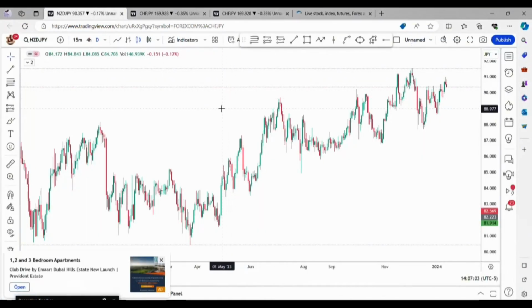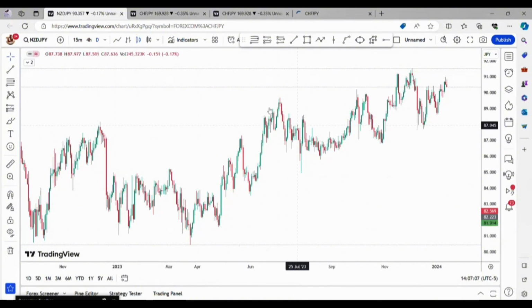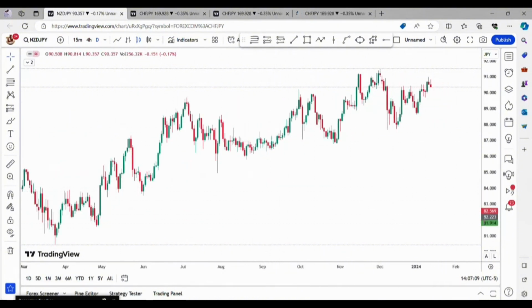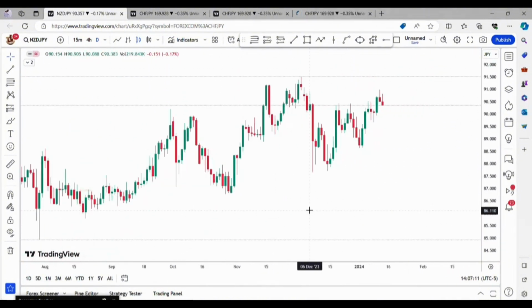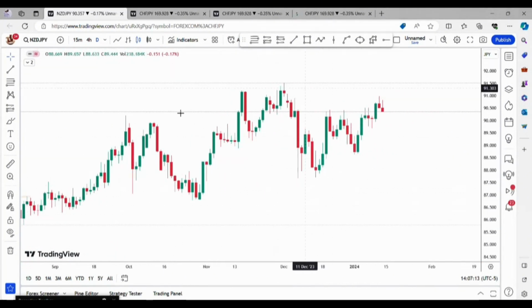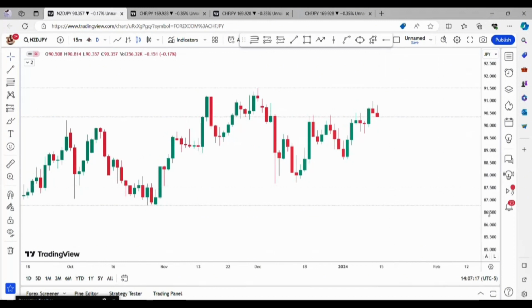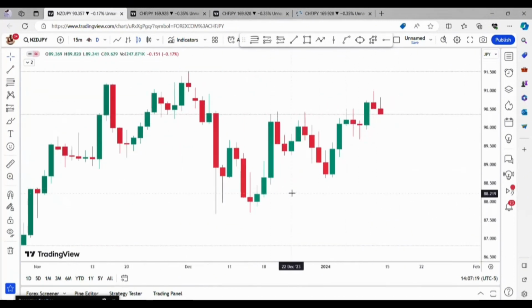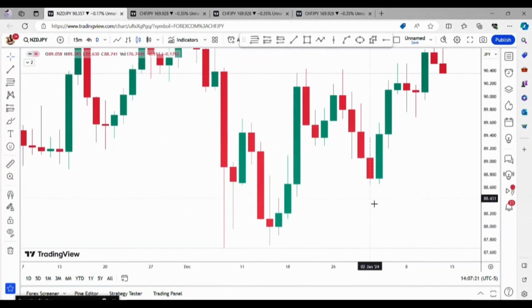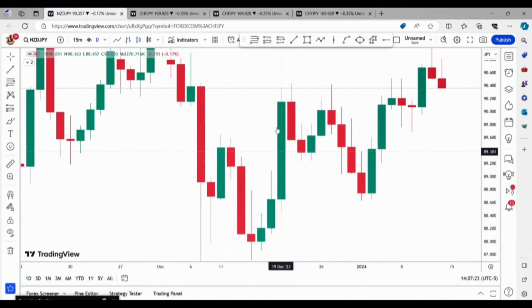If you are looking at NZDJPY, for example, this is a candle chart, a candlestick chart. You see, it has candles. We call all of these candles. Like we said before, look at this candle. On a buy day, we said the closing price should be above the opening price.